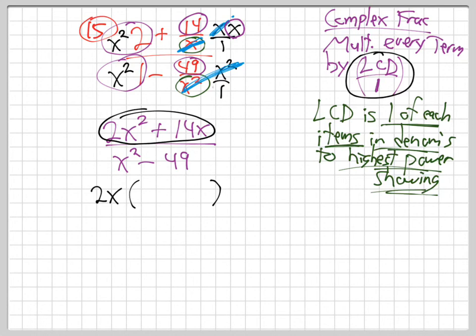The first thing you try in factoring is take out what's in common. Am I making sense? And so what's that going to leave? 2x times x will go back to 2x squared. And 2x times 7 will go back to 14x, won't it? See how I took out the GCF? Took out what's in common? 2x.